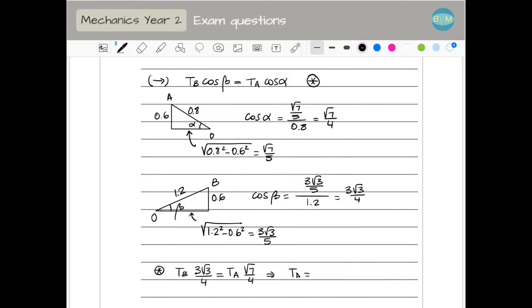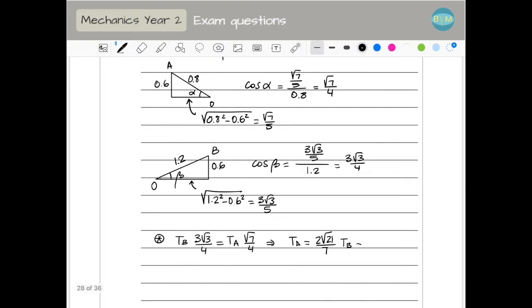When you do that, you have 2 root 21 divided by 7 of TB. And this is 1.309 TB with 3 decimal places. And this is slightly more than 30% more than this one.